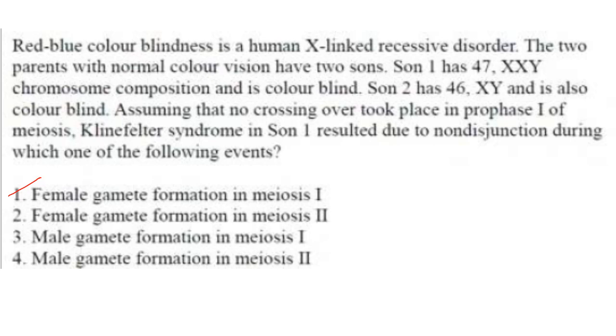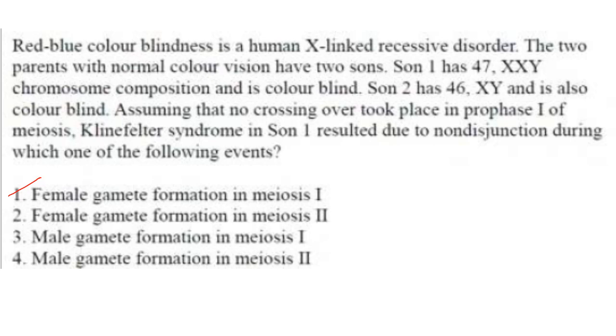If non-disjunction occurred during meiosis 1, then you would not get a normal son, because non-disjunction at meiosis 1 occurs when the tetrads fail to separate during anaphase 1. So at the end of meiosis 1, there are two haploid daughter cells, one with n plus 1 and the other with n minus 1. But there is no normal son. So it is not at meiosis 1, it should be at meiosis 2.